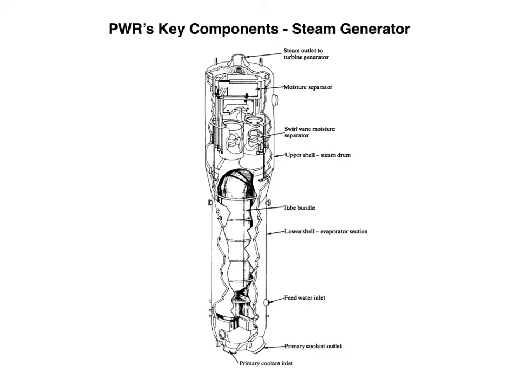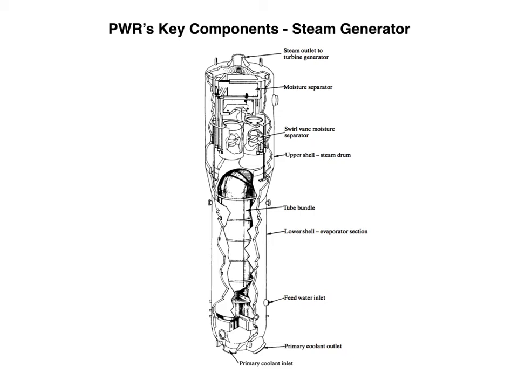The outer surfaces of these tubes are in contact with lower pressure and cooler feed water returning from the turbine condenser. Heat transferred from the hot water inside the tubes causes the feed water to boil and produce steam.